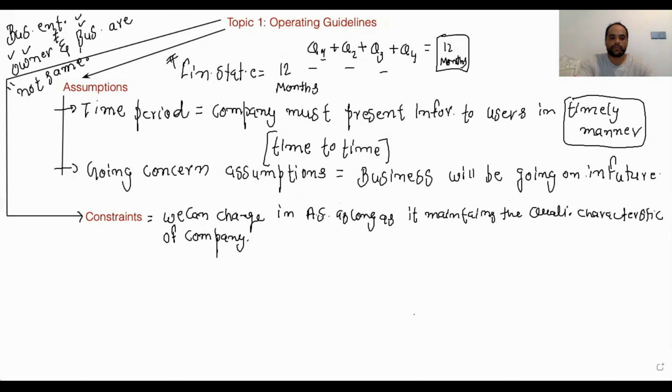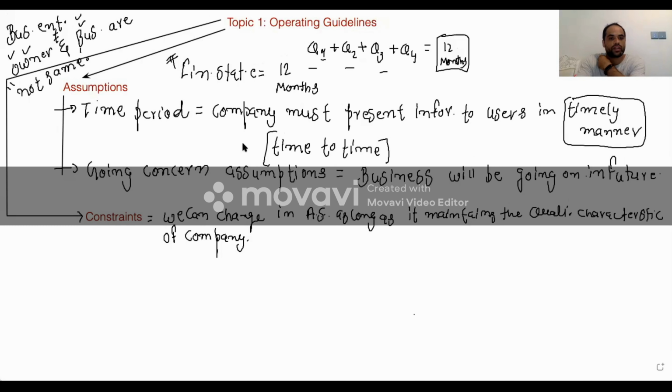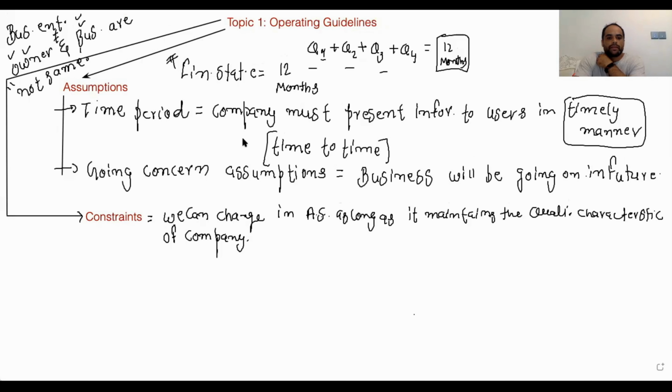Now let me give you an example to understand the constraint. So in constraint, we have the first one, which is materiality, right? Materiality is the first constraint.